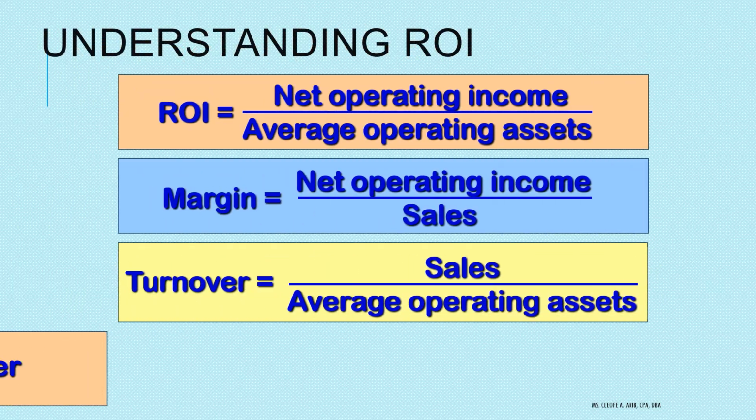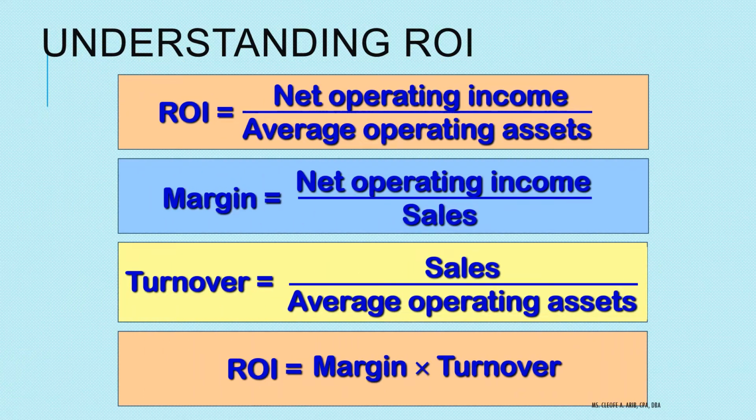So, let's understand your ROI. Your ROI has two components. One is margin, the other one is turnover. Margin is computed as follows: net operating income divided by sales. So, margin is telling us the percentage of net operating income vis-a-vis your sales.